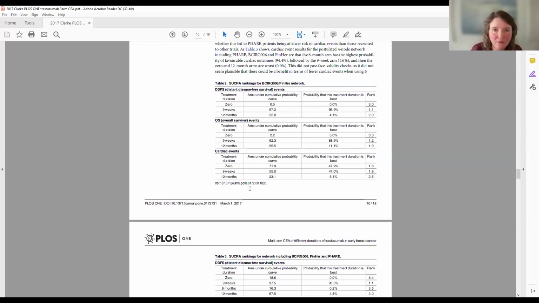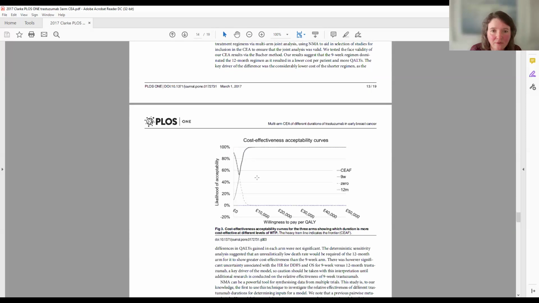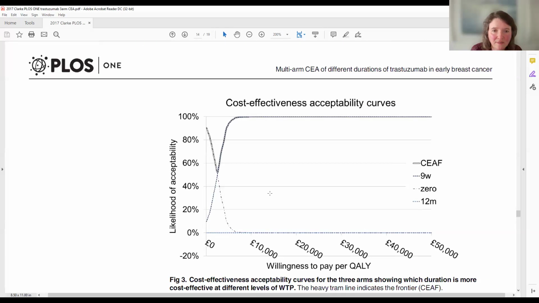And the results that we came up with were this. So these are the cost effectiveness acceptability curves. It's got 3 curves on it. It's got the 12-month one, which was never acceptably cost effective because it was really expensive and didn't give any extra benefit. We had the 9-week one, which was pretty much the winner.